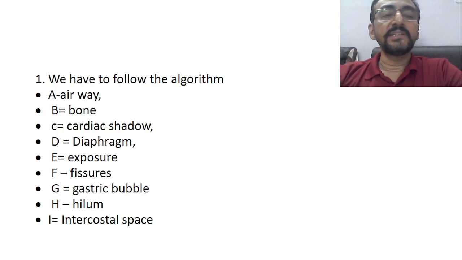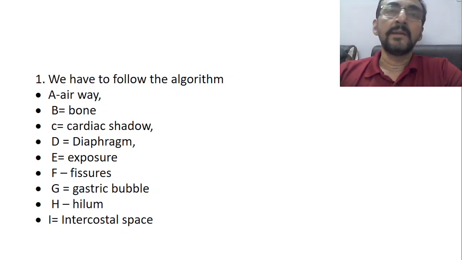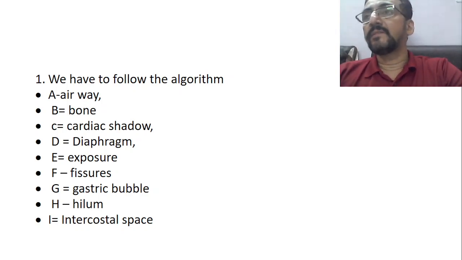Then G stands for gastric bubble, the gastric or stomach bubble. Just below the heart shadow or diaphragm on the left side, we will always find a black shadow in the X-ray, and that black shadow is nothing but the shadow of the air-filled stomach. The presence of this gastric bubble is very important.